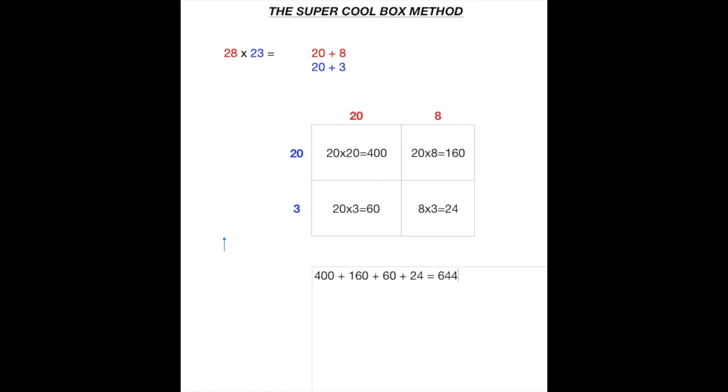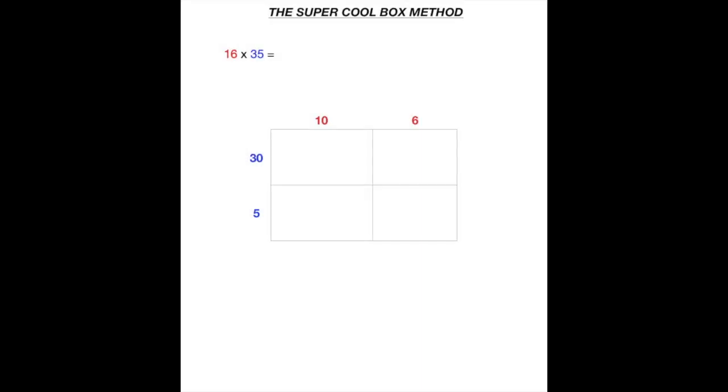That's the exact same calculation we got when we were looking at our area model. So that is a really cool way to multiply using two-digit numbers. Let's try another example with the super cool box method of multiplication, problem number 2.